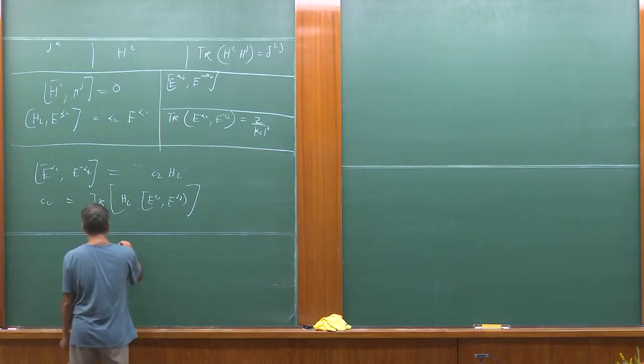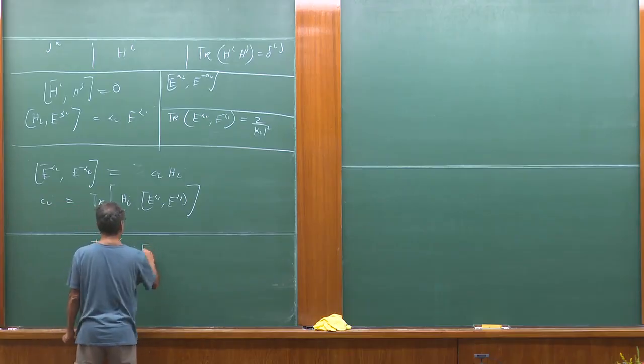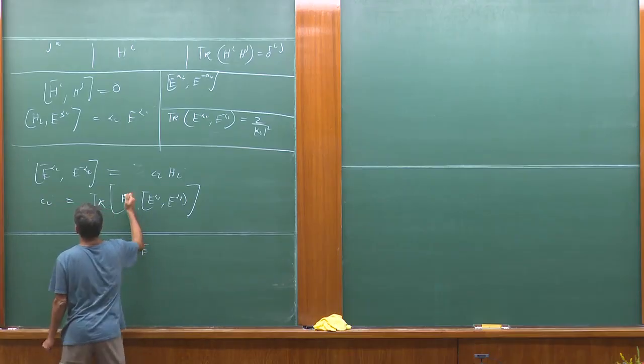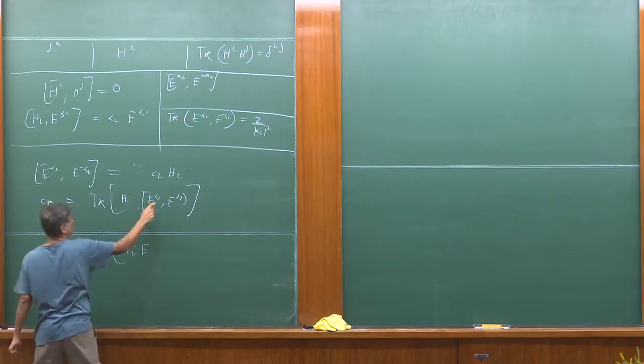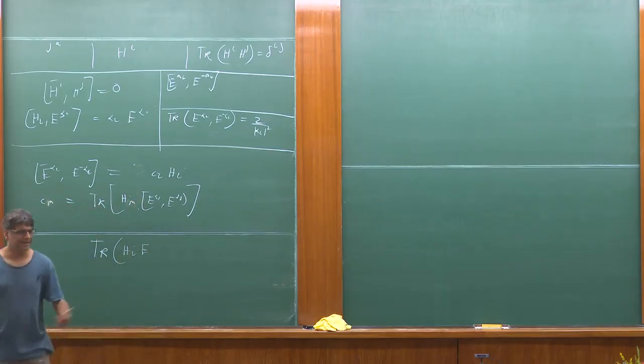So this is the trace of Hi, let's make this Hm, because that I needn't be the same. So Cm is this.